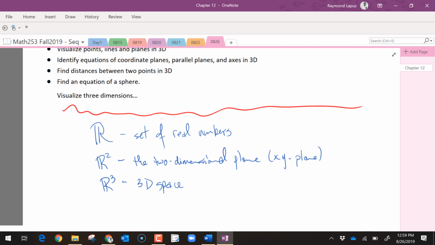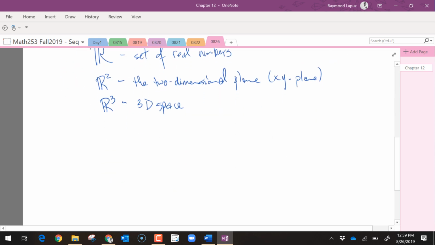Okay, so when we're looking at 3-dimensional space, we also want to try to represent it with a drawing. And we usually represent it with a drawing that kind of looks like this. It's a 3-dimensional space with perspective.